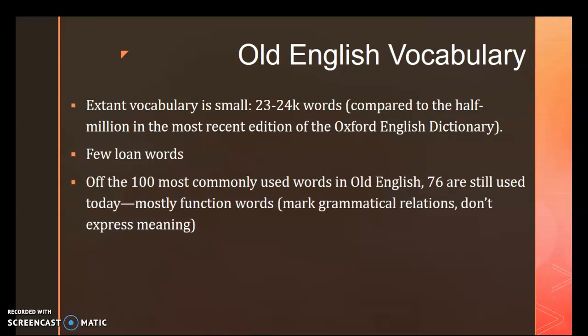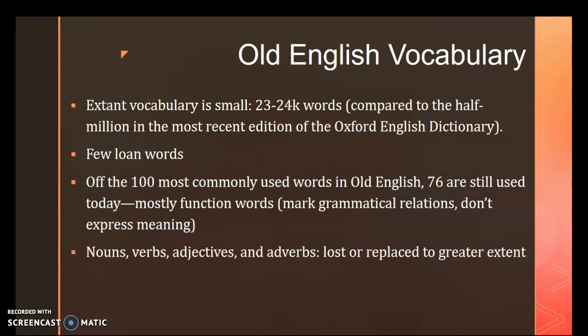Some Old English words remain in our language today, but these are primarily function words, which mark grammatical relations and don't really express meaning. Nouns, verbs, adjectives, and adverbs, what we call content words, are lost or replaced eventually by loan words from other languages.